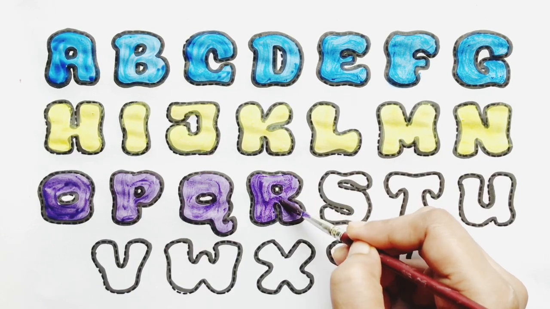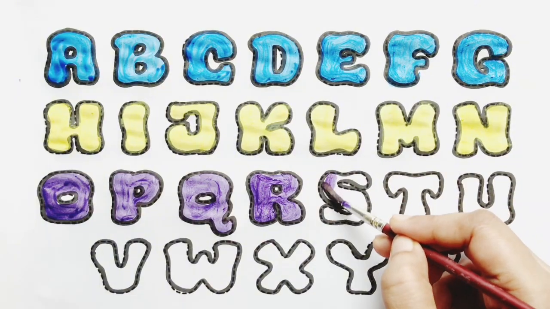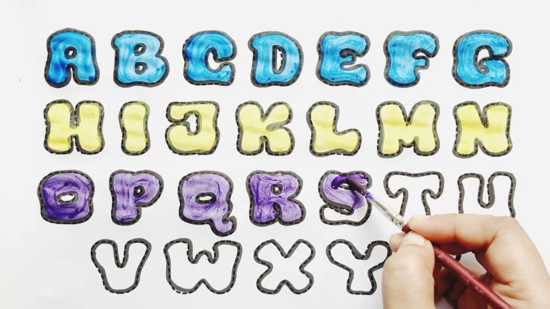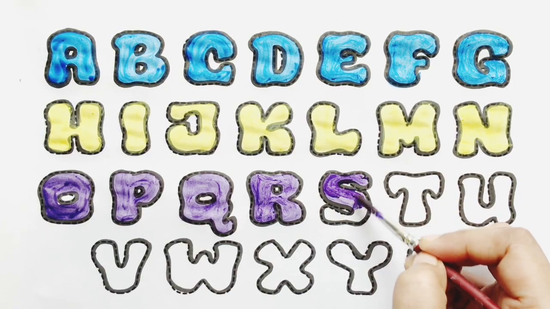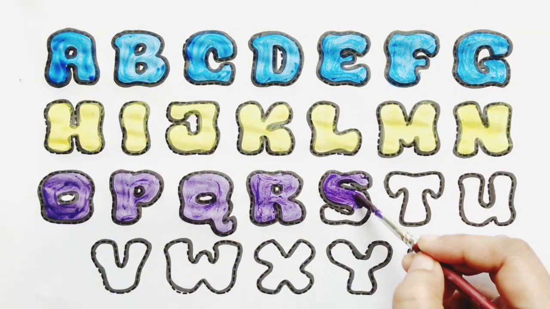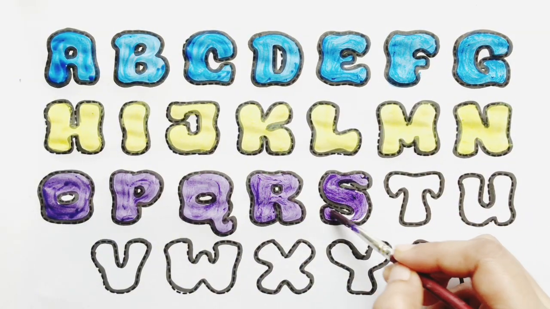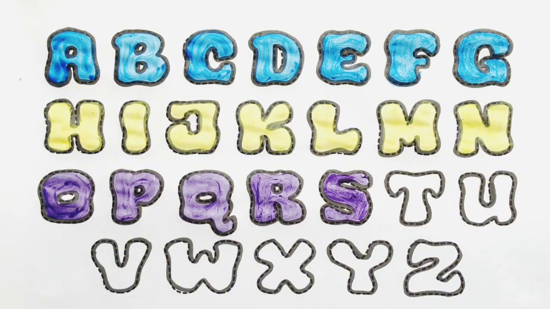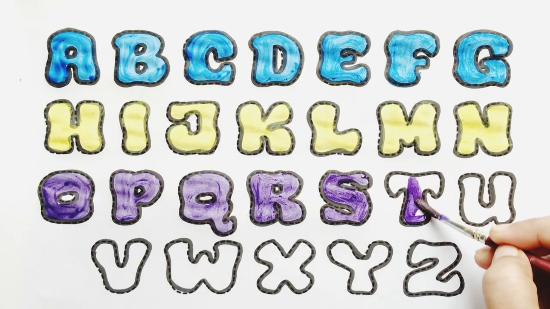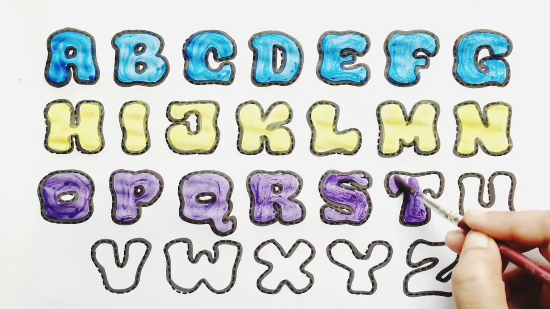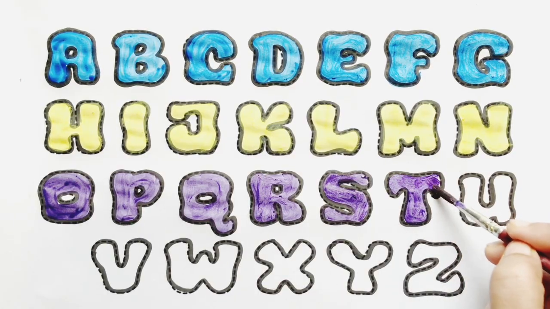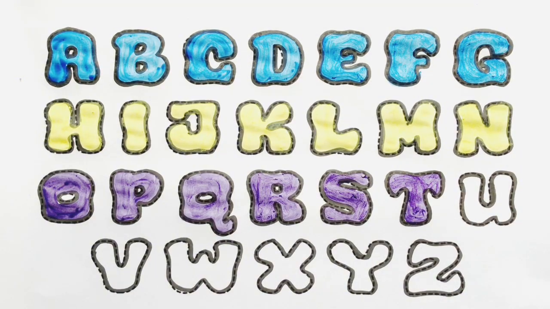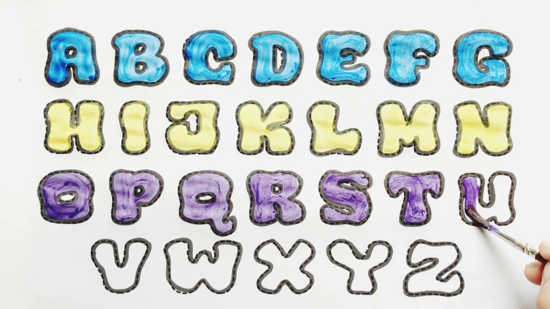R for rabbit. S for snow. T for tiger. U for unicorn.